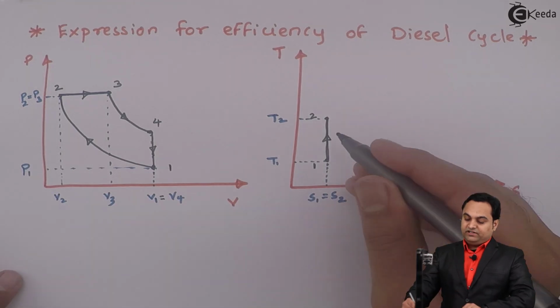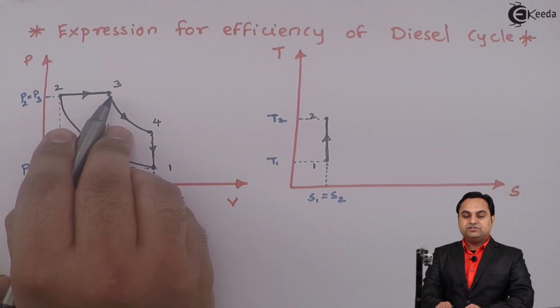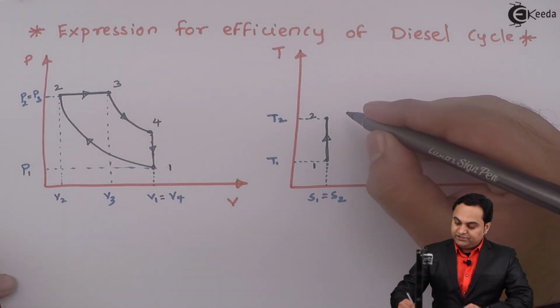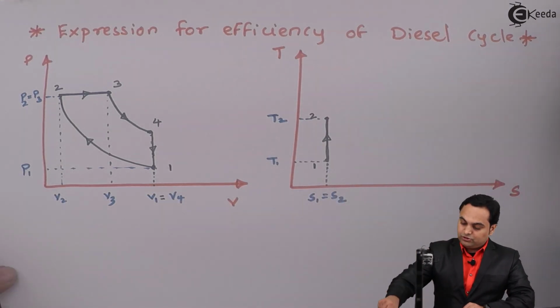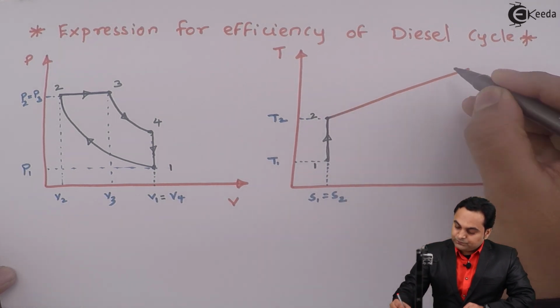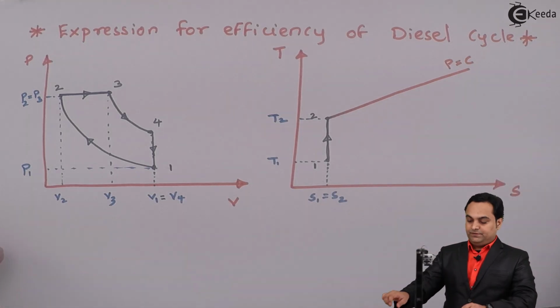Next, after isentropic compression, the process is 2 to 3, which is constant pressure heat addition. So constant pressure heat addition line will lie on a constant pressure line which I am drawing here. This is a constant pressure line, P is equal to constant.